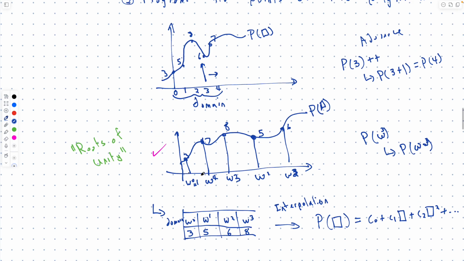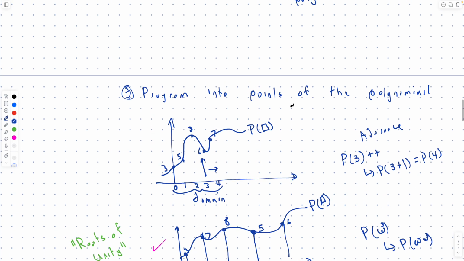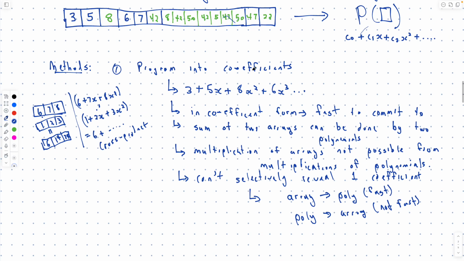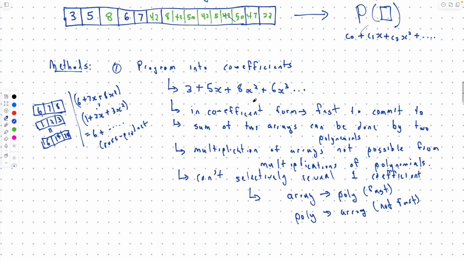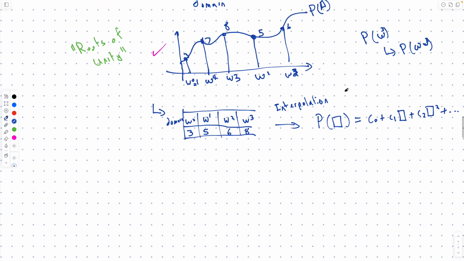Okay, so from a speed perspective, would I rather program into coefficients or would I rather program into points? If speed's my only concern, I'd rather program into coefficients because I don't have to do interpolation. If I program into points, I have to do interpolation. It's like n log n, or d log d for the degree of the polynomial.